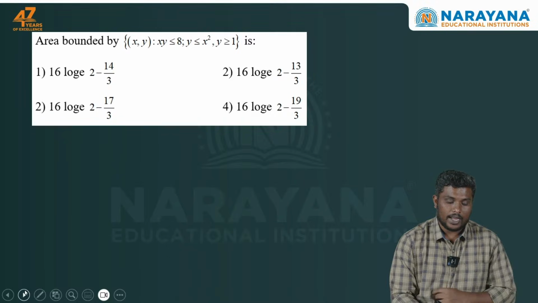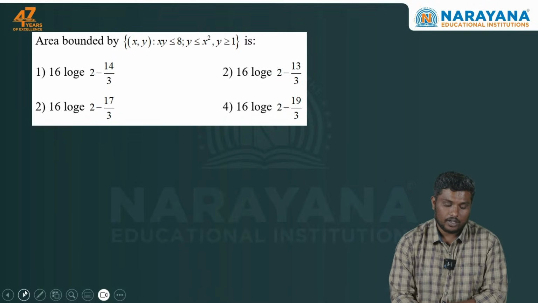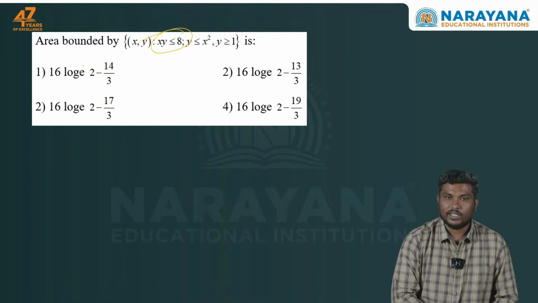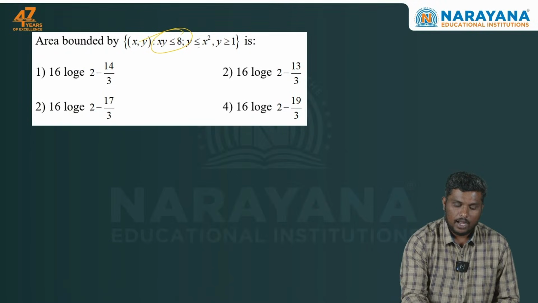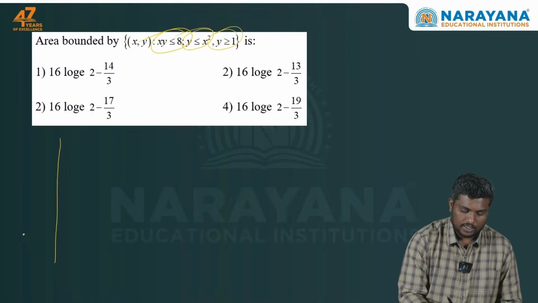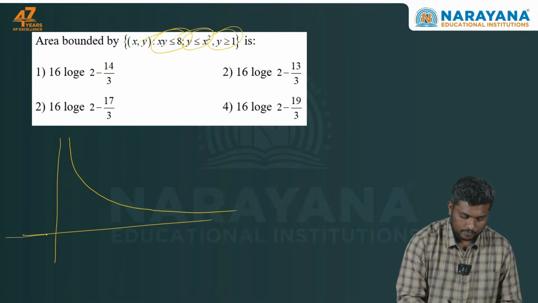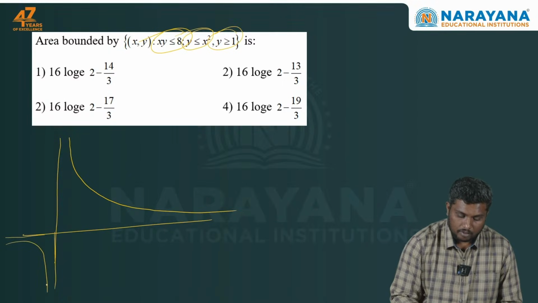Next question is area bounded by the curve xy less than or equal to 8. Basically xy is equal to 8 is a rectangular hyperbola, and then we have a parabola and we have a straight line. So if you sketch the curve, xy is equal to 8 is something like this, and y is equal to x square.